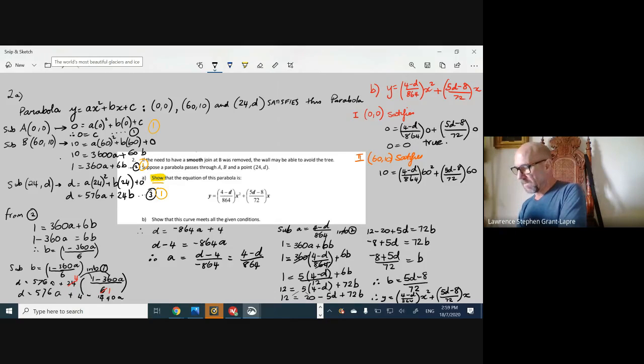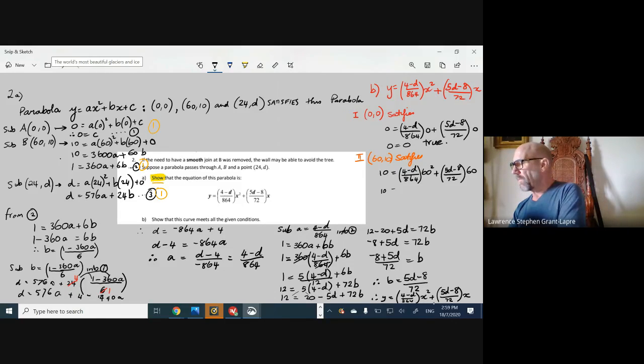Okay, 3600 as a fraction over 864, and just see what this simplifies to. This is 25 over 6.